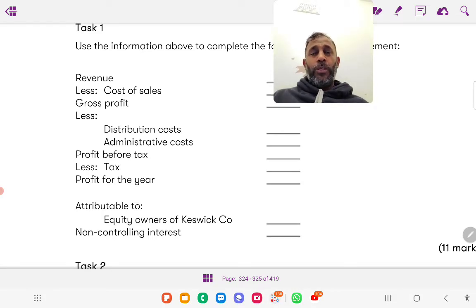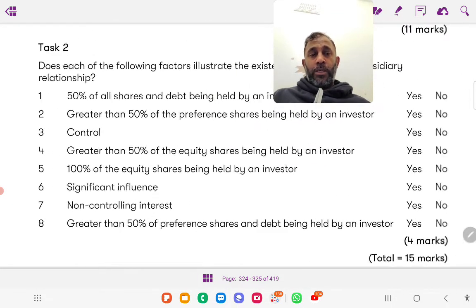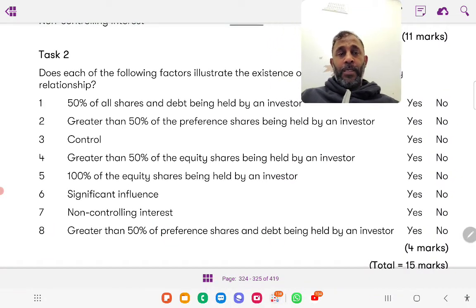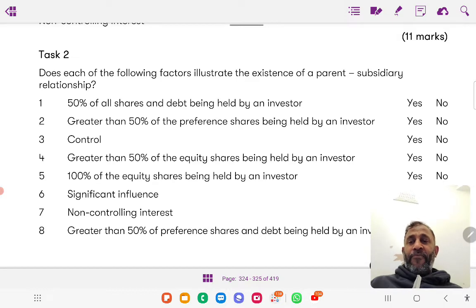We just need to know the technical aspect of how to answer these questions. Anyhow, we will go to task 2 here. Task 2 is asking, does each of the following factors illustrate the existence of a parent subsidiary relationship?